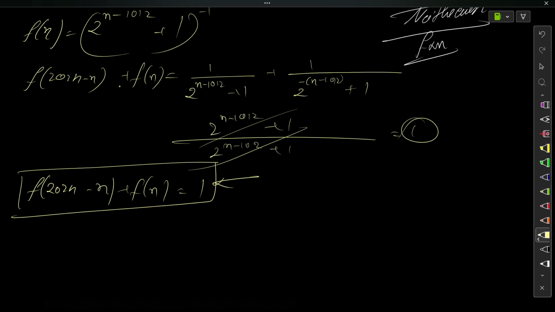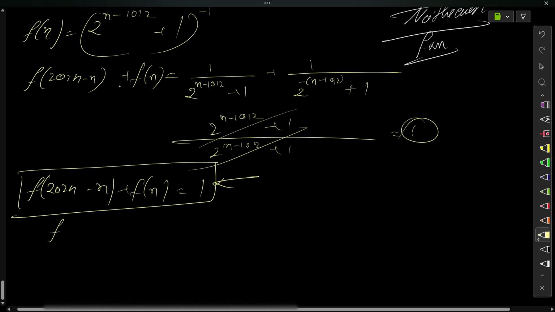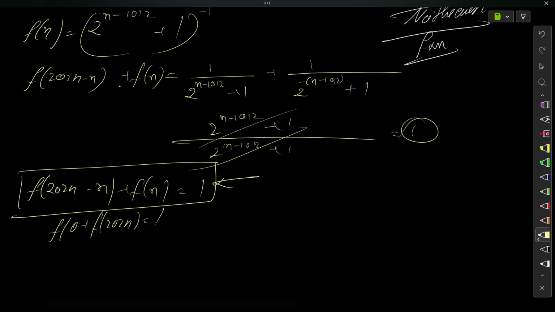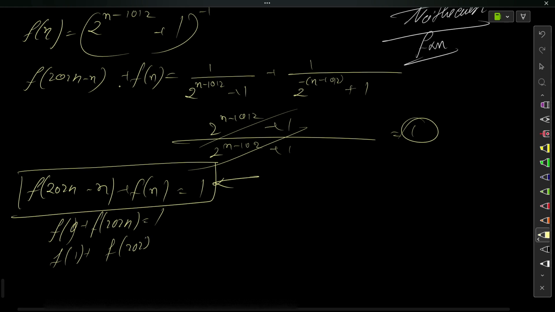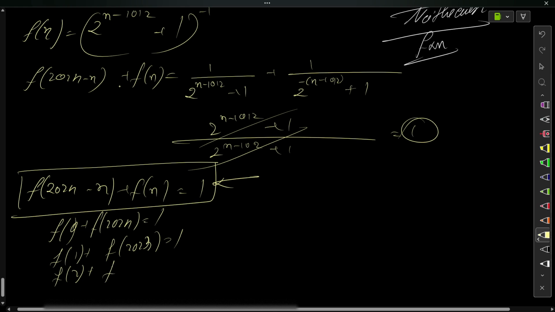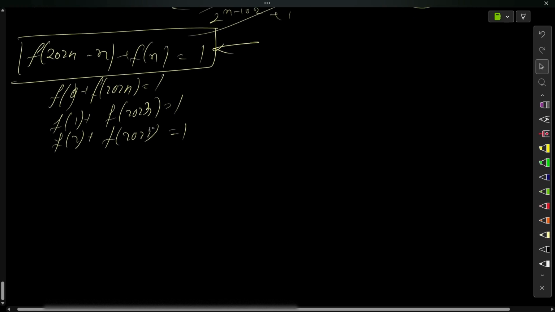So if I use the symmetry by putting values one by one, I get f of 0 plus f of 2024 equals 1, f of 1 plus f of 2023 equals 1, and f of 2 plus f of 2022 equals 1.